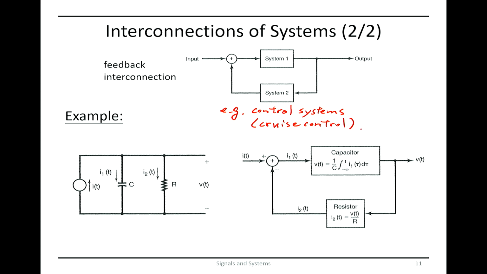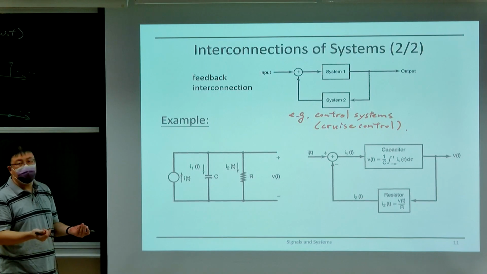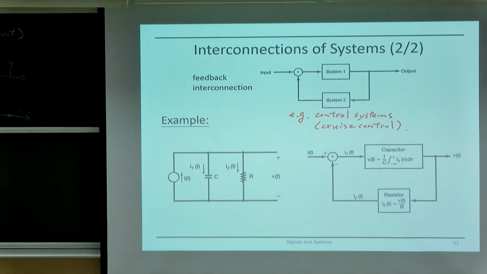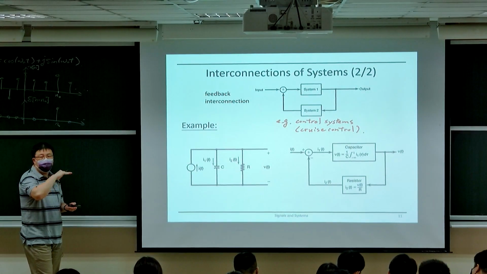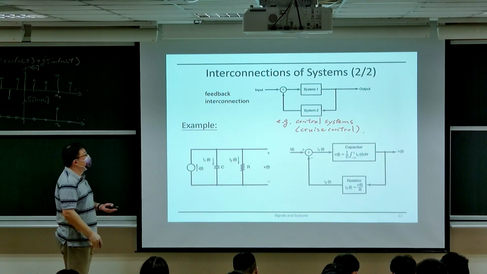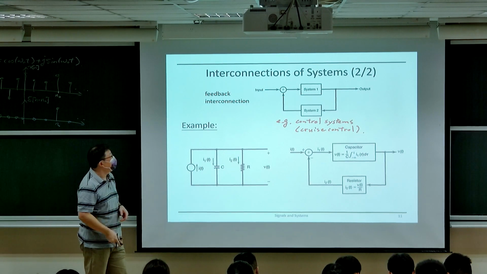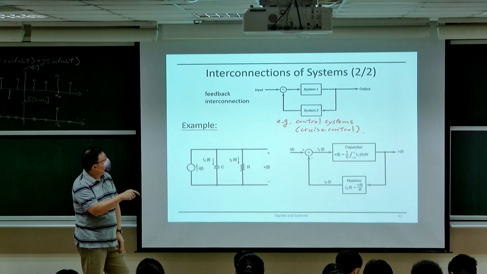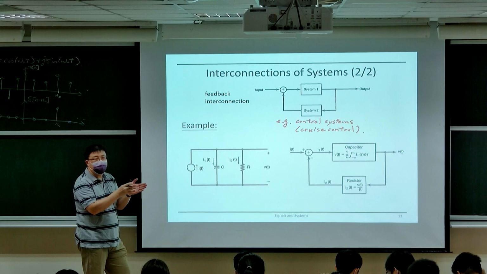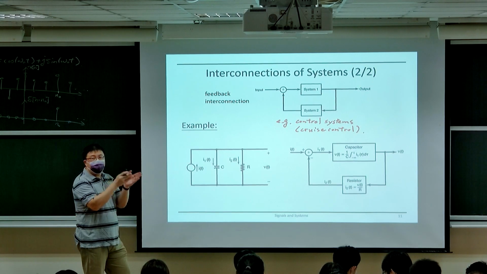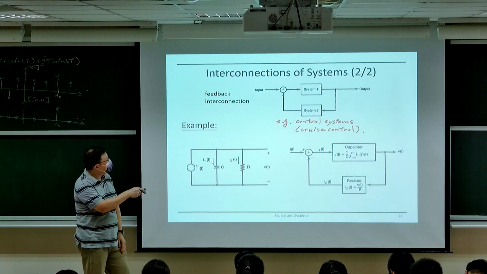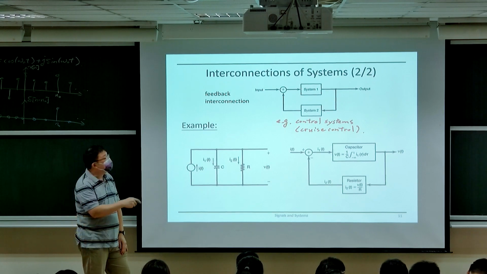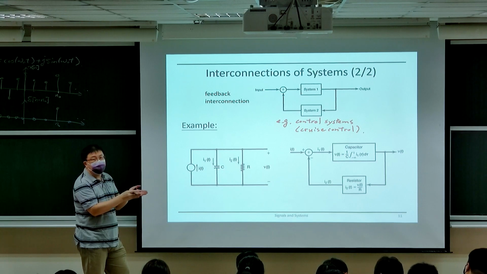Okay. So in most automobile systems that you see right now, you can often switch on cruise control that lets you stay at a steady speed as you travel on the highway, right? So in that cruise control system, you can view the input as the force you impose on the vehicle and the output as the velocity, right? Now, in order to stay at a fixed velocity, you might need a feedback interconnection to control the force that you impose on the vehicle, right?